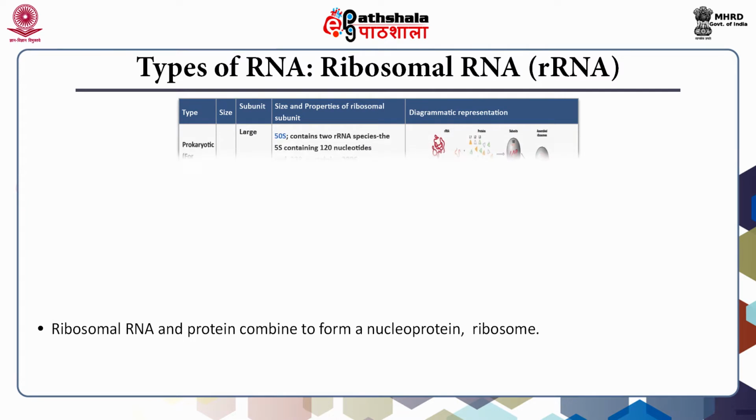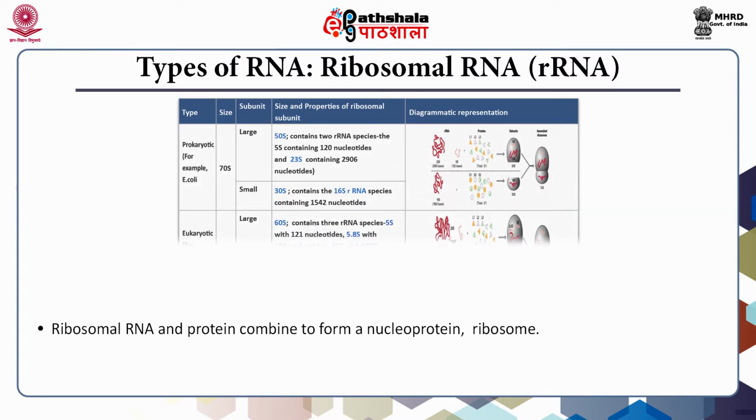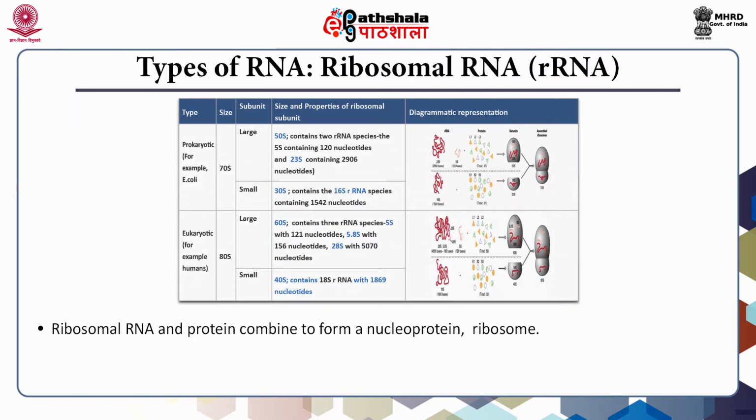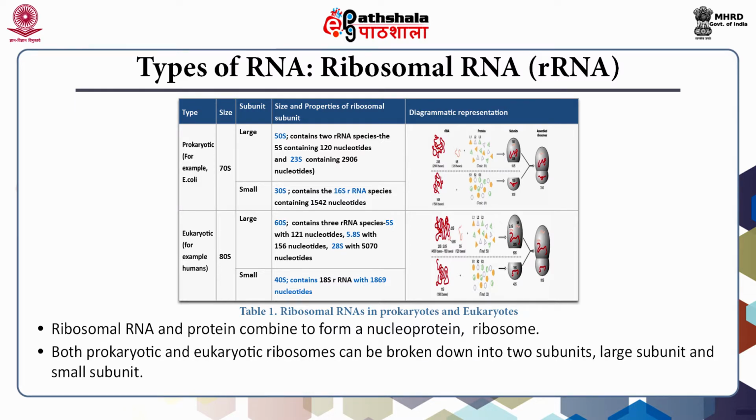In the cell cytoplasm, ribosomal RNA or rRNA and protein combine with each other to form a structure called ribosome. Thus, the ribosome is a nucleoprotein. Both prokaryote and eukaryote ribosomes can be broken down into 2 subunits, large subunits and small subunits.